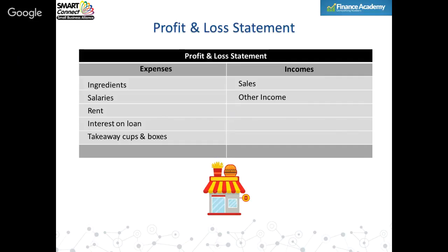I'm not saying that you should say no to opportunities if people want to rent this particular place to have their family functions. What I'm trying to say is, please make sure all the transactions where money comes in are clearly divided under sales and other incomes, or else if everything is mixed, then it becomes very difficult to understand if this business is really making profit by selling burgers or not.